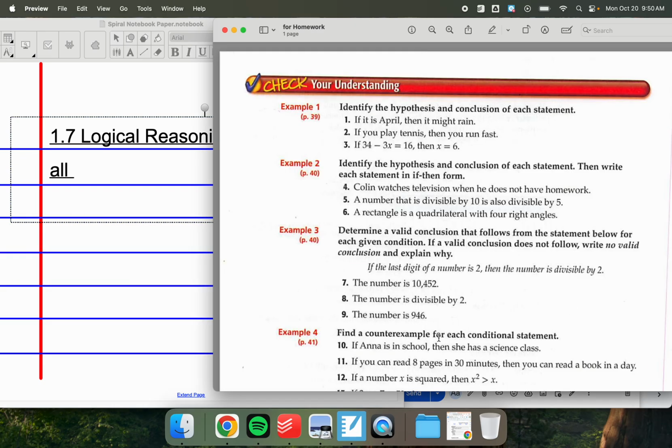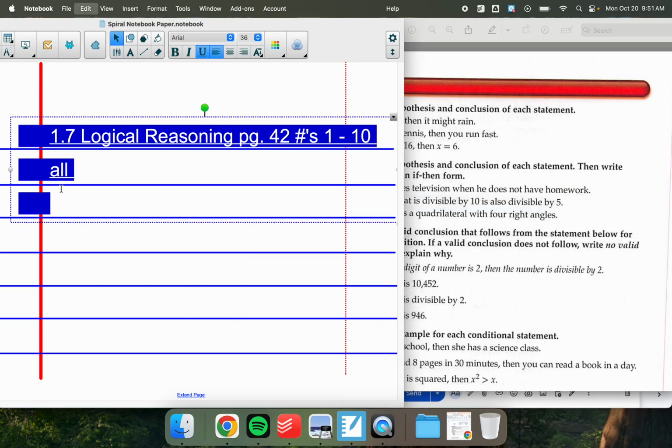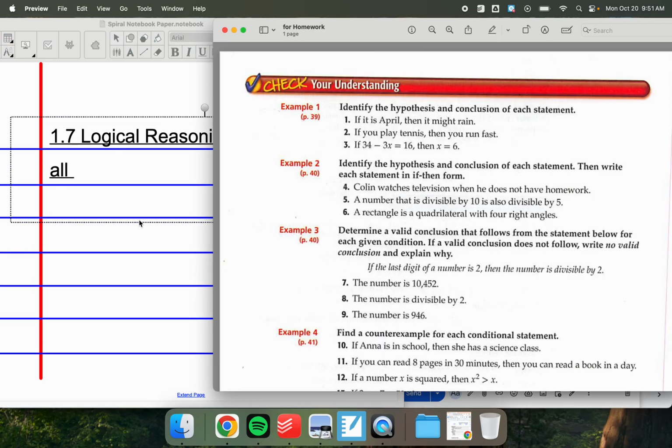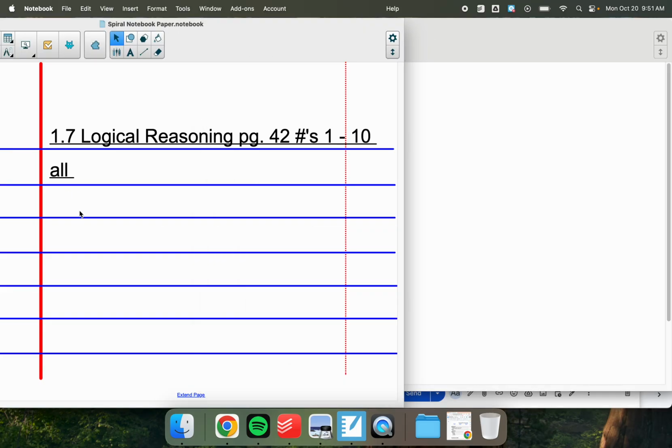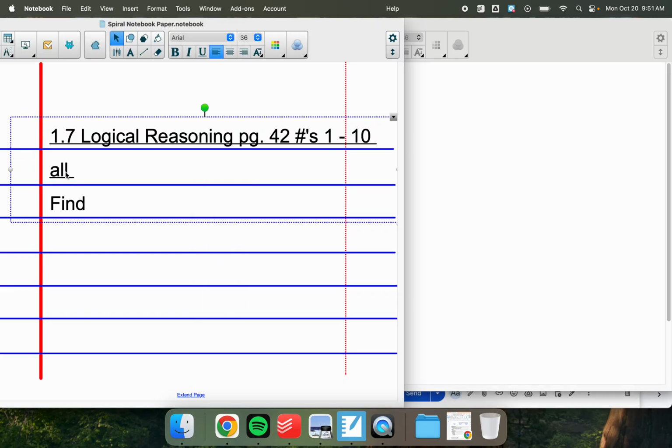So here we've got to find a counterexample. And what a counterexample is, it breaks it. So if Anna is in school, then she has a science class. So we need to find a way to break this. Well, she might not always have a science class, but we'll get our instructions written. Find a counterexample.